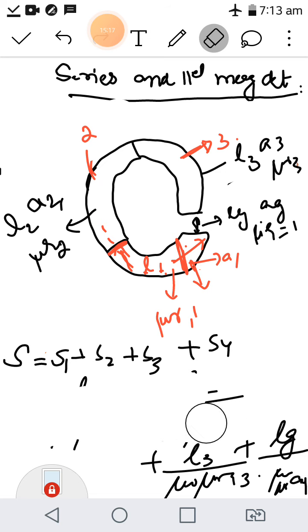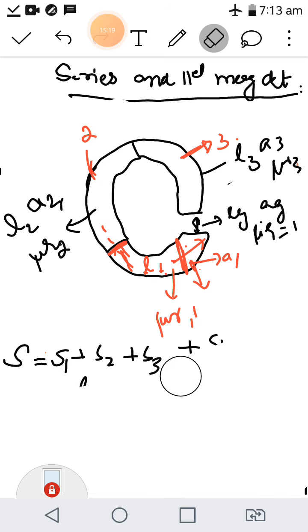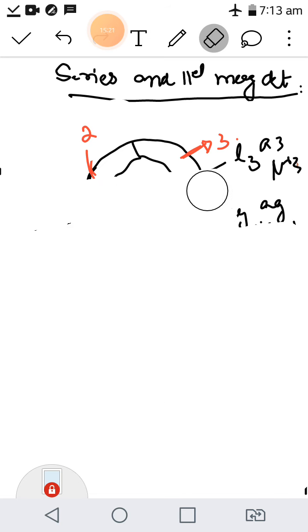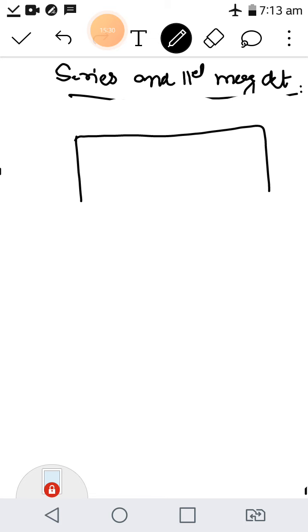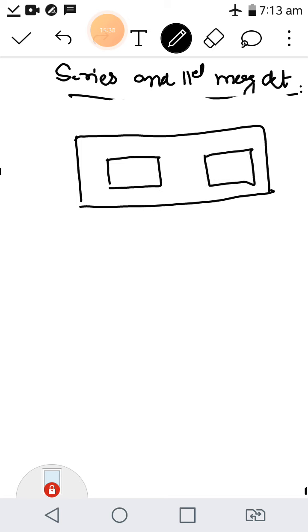Okay, now let's see what is the meaning of a parallel magnetic circuit. A parallel magnetic circuit is also similar to a parallel electrical circuit. Let me draw a magnetic circuit like this, and assume that this is the number of turns of the coil, and I will be giving a current here.